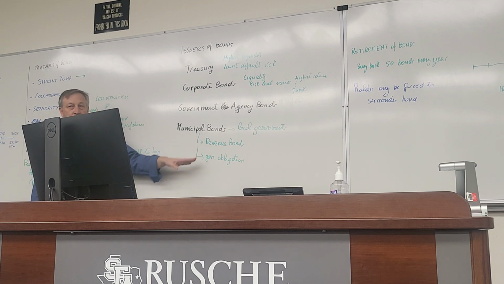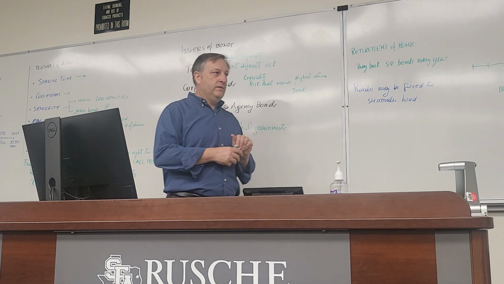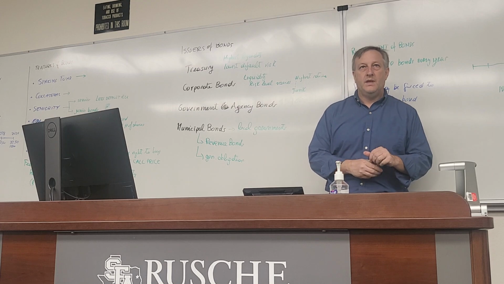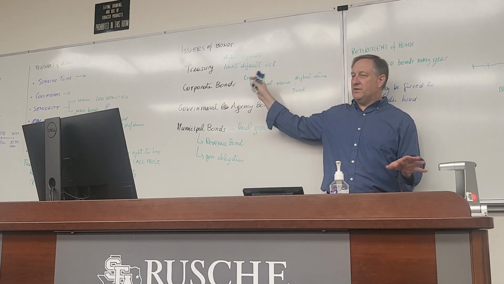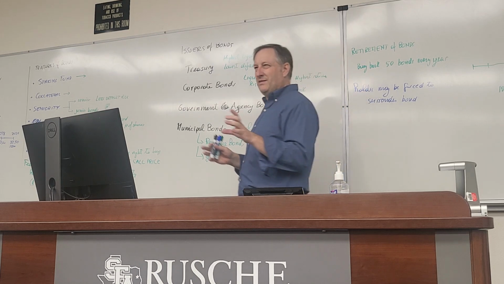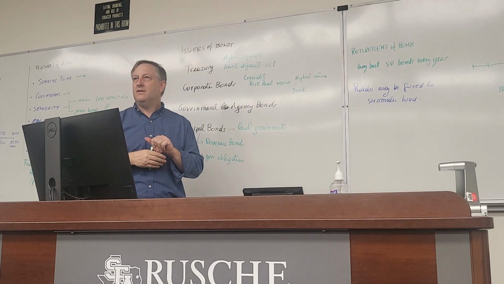So if there is enough property tax, if there is enough sales tax collected, then those bonds are going to be paid. What can have an impact on the likelihood that those bonds default? This is different than any other type of bond, that's why I'm pointing this out. When you're doing valuation of those types of bonds, you have to think about it a little bit differently.